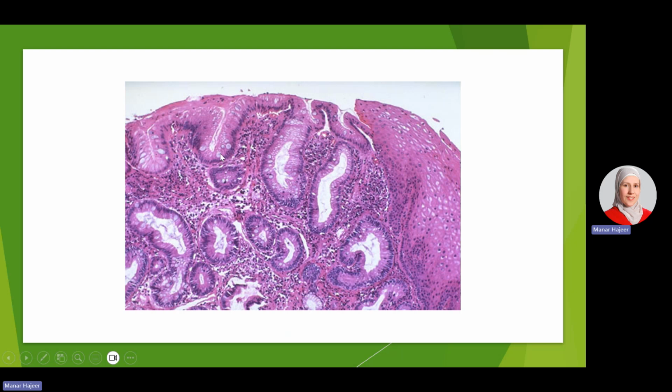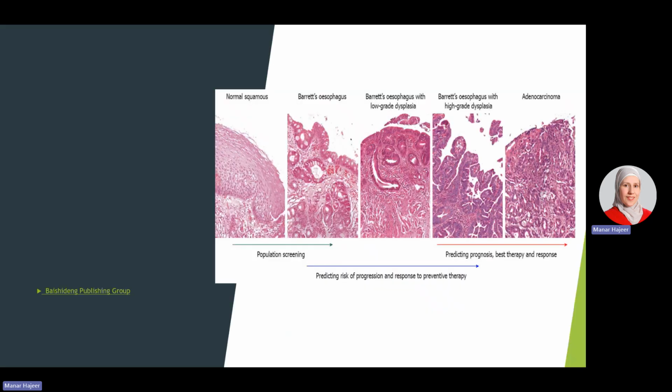On the other side, we have those goblet cells that are distended with somewhat bluish mucin on hematoxylin and eosin stains. These cells should be found in the intestine and not in the esophagus. So when we find them in the esophagus, it means there is an intestinal metaplasia.